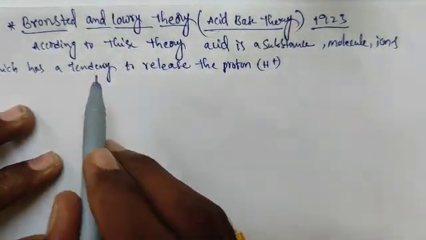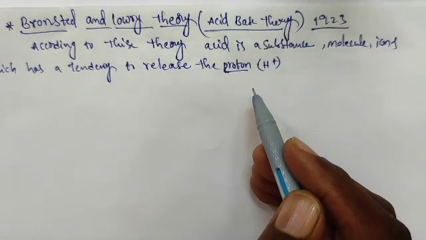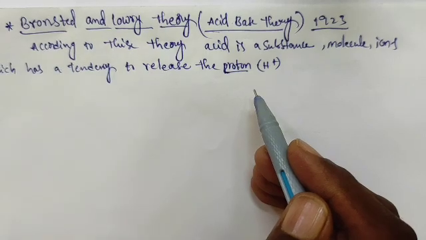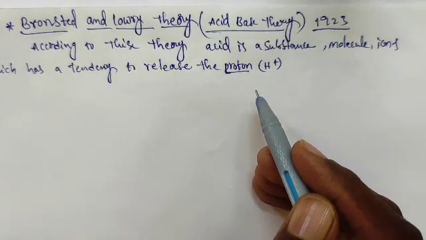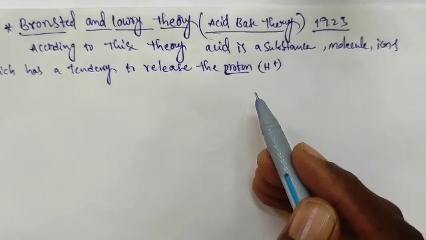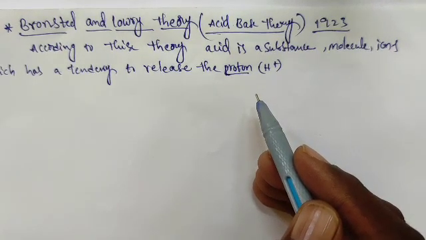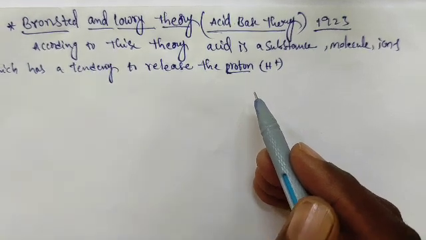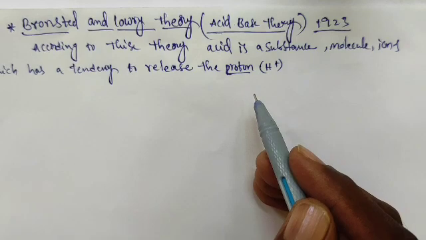According to Bronsted, he said proton, but according to Arrhenius theory, they said H plus ion, hydrogen ion. They didn't say proton, but Bronsted said proton, which means H plus ion. The tendency to release a proton is known as acid.